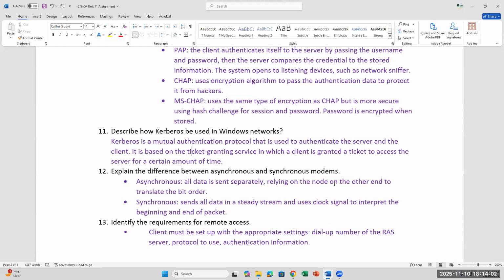So often a lot of your DSL packages fall under synchronous, but you do see some cases where they actually sell you asynchronous DSL. So these are the two different things. Asynchronous, data is sent separately. Synchronous, all data is steadily streamed and it uses a clock signal in order to control the rate. Okay?